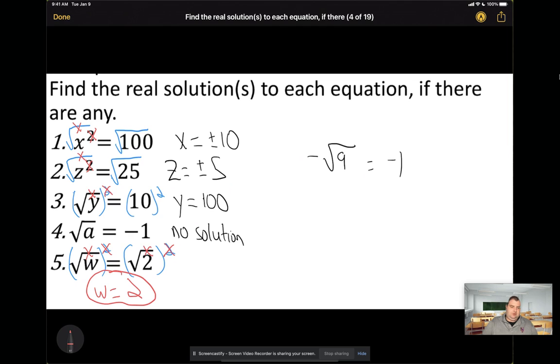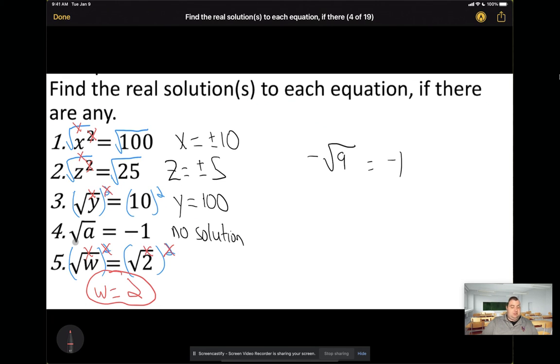To sum up this lesson, if I have x squared equals a positive number, that means it has 2 real number solutions. If I have the positive square root of x, or in this case y, equals a positive number, it only has one solution, like in number 3 and in number 5.